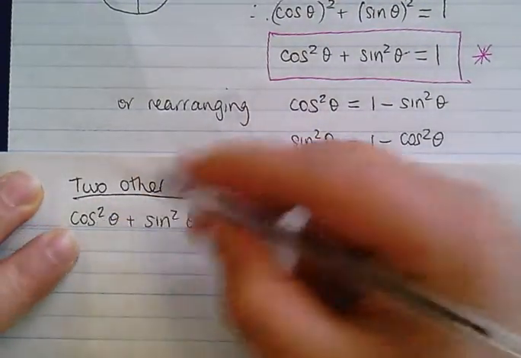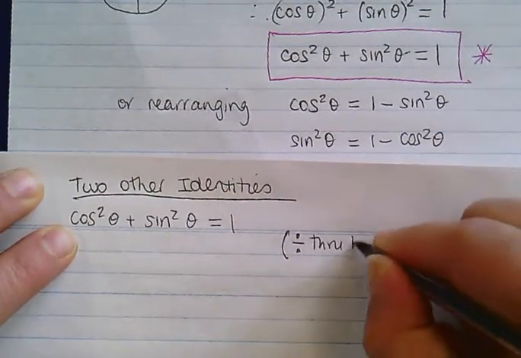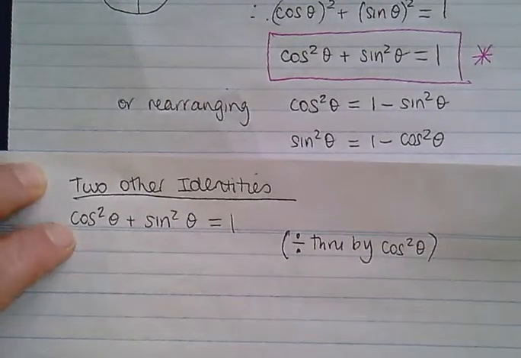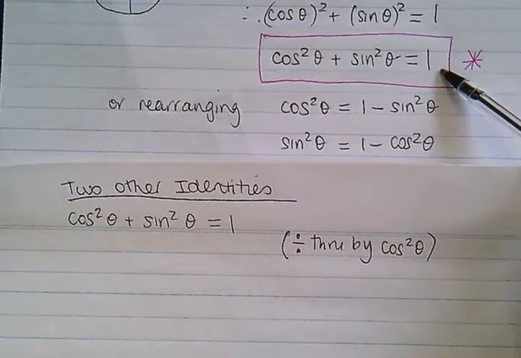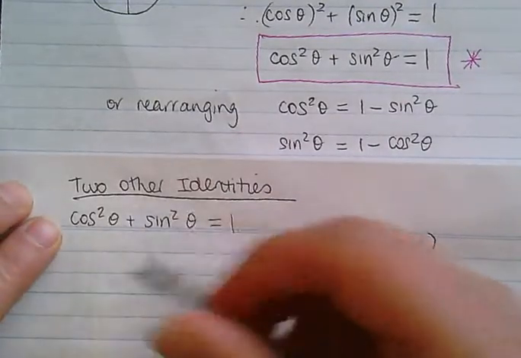If I start with cos squared theta plus sine squared theta equals 1, and I divide through by cos squared theta first. So if I take that one identity, this is the one you need to know, and now what we do with it, we divide it by cos squared theta. And what will that give me?